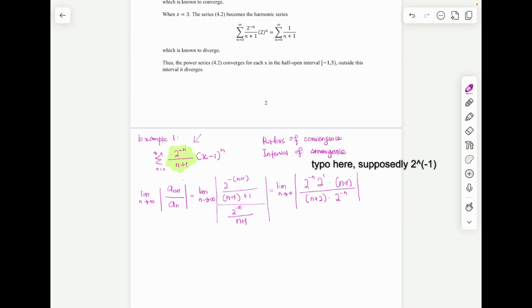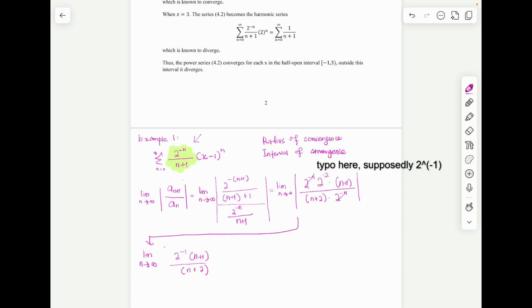From this you can cancel out the terms of 2 to the power of negative n. So I continue right here: 2 to the negative 1, times (n+1) over (n+2).